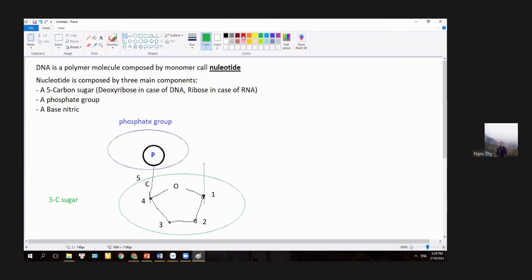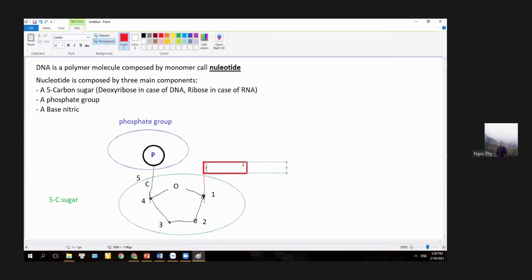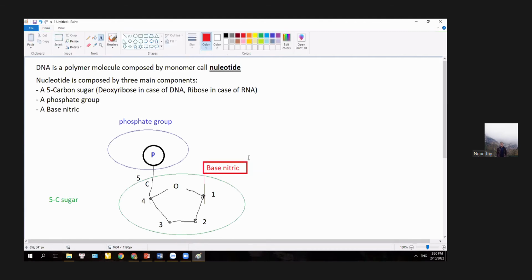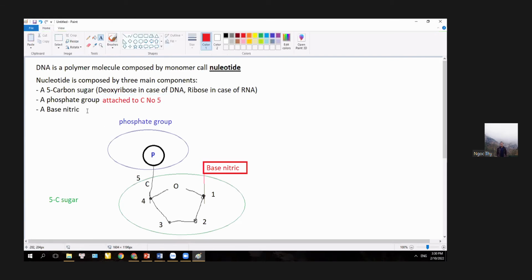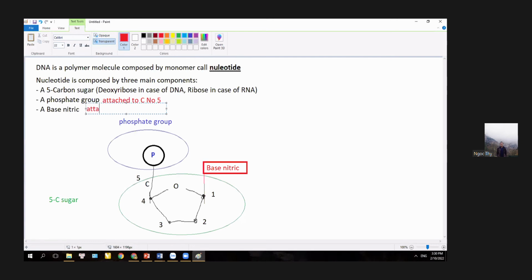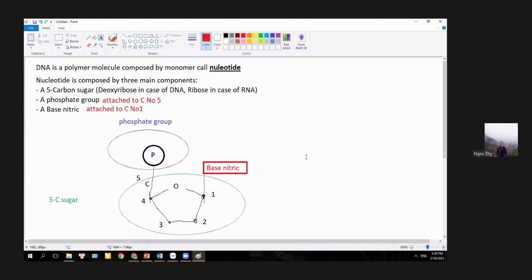I put it as red, for example. Phosphate group on carbon number 5 and nitrogenous base attached to carbon number 1. So these are the three main components of a nucleotide. Okay.